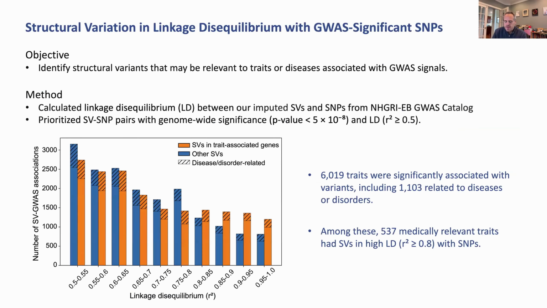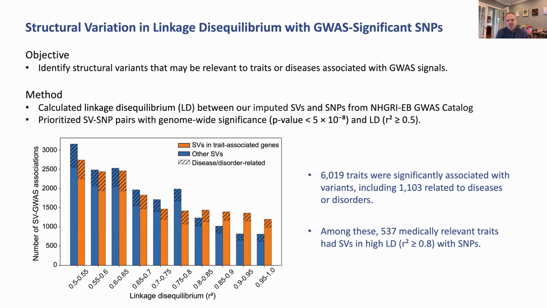Another thing we can do is mine regions that are known to carry clinically relevant variants. So what we did here is go to the GWAS catalog. This is a very famous catalog that integrates all of the known variants associated with different traits and diseases through genome-wide association studies.